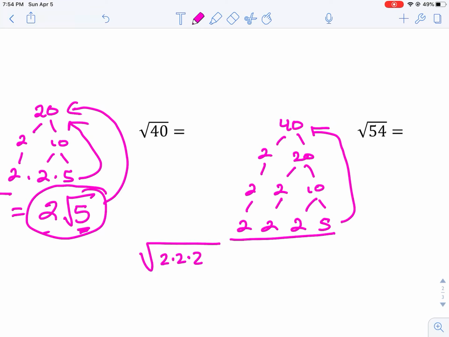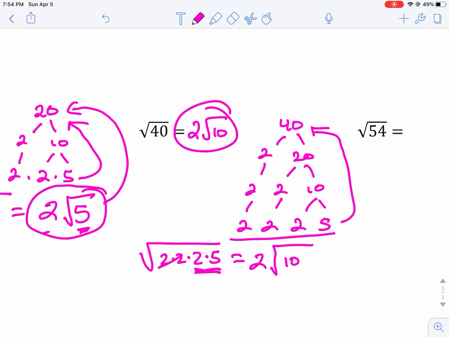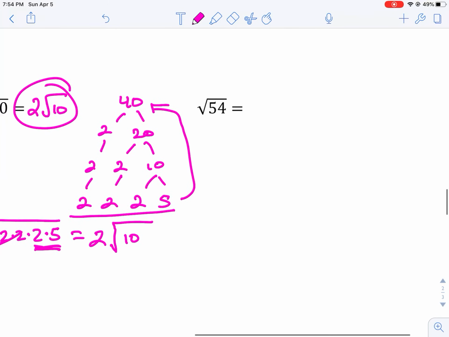It's ready, so put it in the radical: 2 times 2 times 2 times 5. 1 pair comes out. These do not have a pair, so I can't do anything with them but leave them inside. And what is 2 times 5? 10. So this becomes 2 times the square root of 10. That's a simplified radical, okay? Because we can't pull anything else out of the radical anymore, we're done.